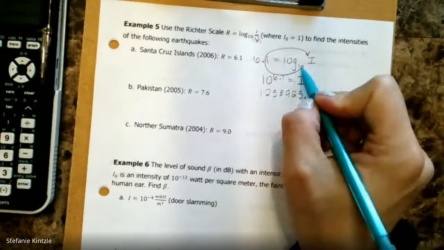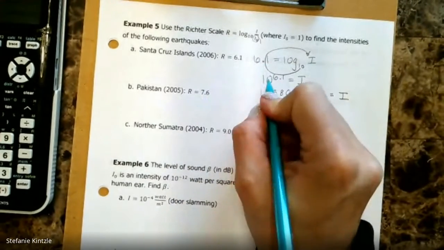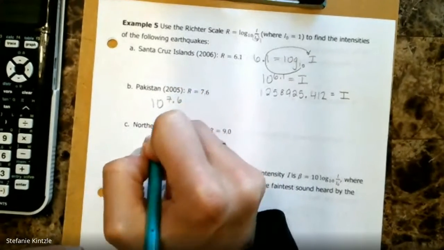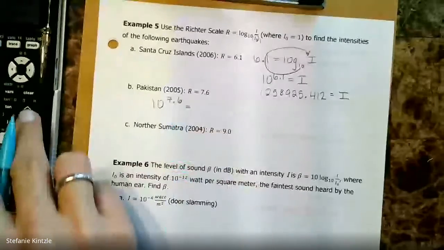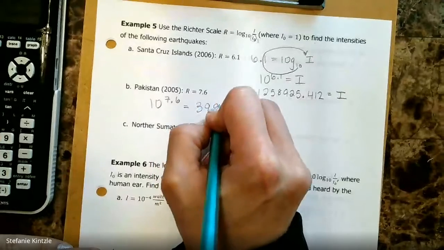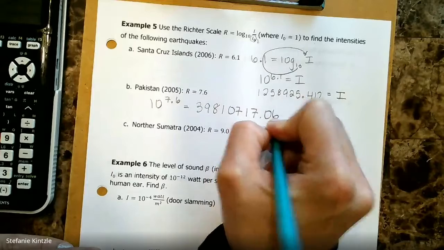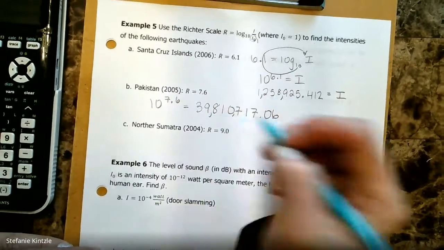So we're going to do the exact same process when we plug in 7.6 here. So really what we're doing is doing 10 raised to the 7.6 power. All right, so let's plug that in our calculator. And that's 3981017.06. So I'm going to put some commas in there just so we can see how big that really is.